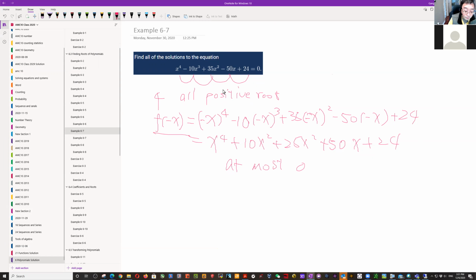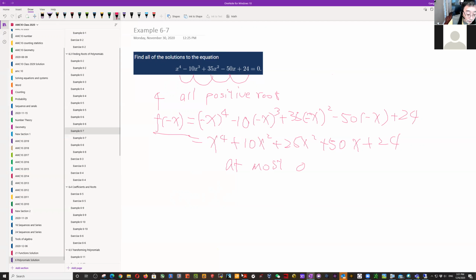This is a high power, so let's try to see if 1 will work or not. 1 plus 24 equals 25. 25 plus, so this is 60. The positive part is 60, and the negative part is also 60. So 1 is actually one of the solutions.